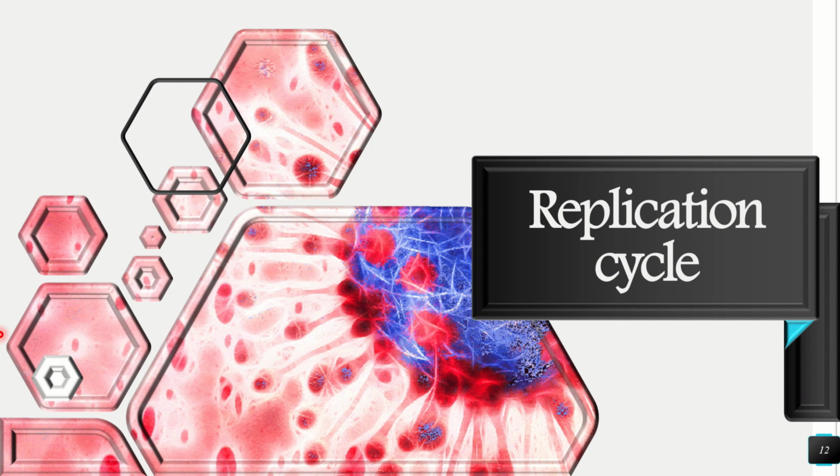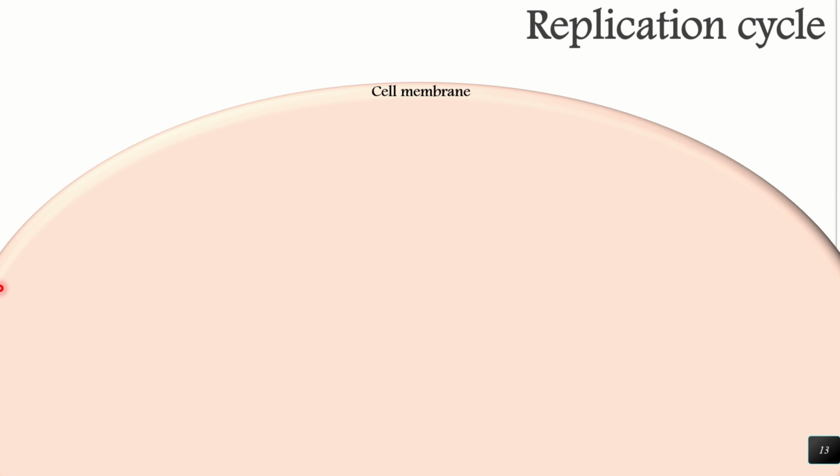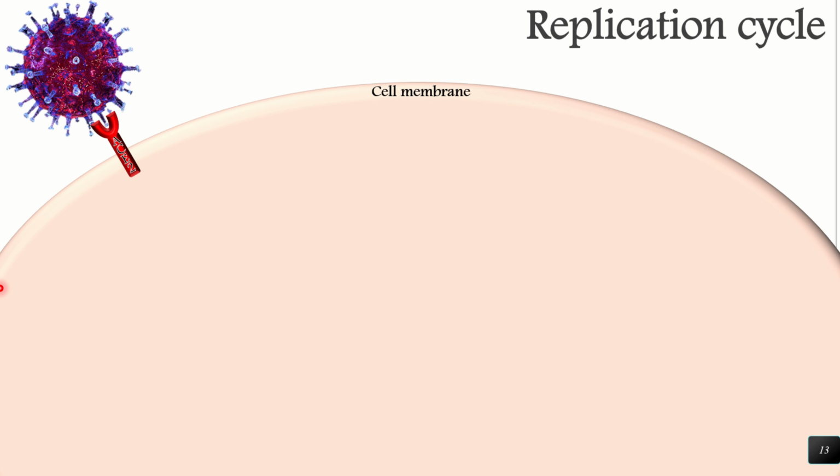Now let's talk about the replication cycle. It is divided in 4 steps. First step, receptor binding. Coronaviruses have a large single positive RNA-stranded genome, making it the largest RNA genome of the RNA virus family, enclosed in a nucleocapsid of helical symmetry.